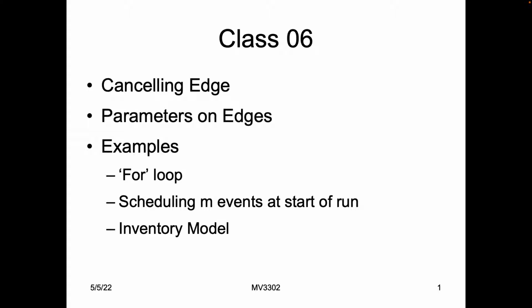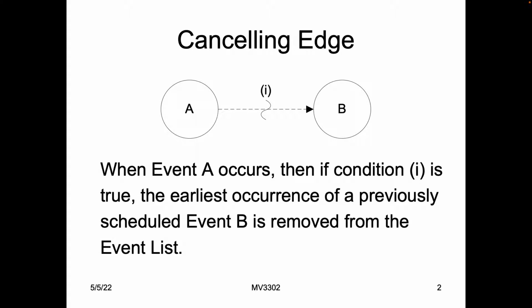But there are situations where you say, well, I want some additional events that the modeler has defined, and I want them to be on the event list at time 0. And how do I do that? Well, one way is to use the event graph equivalent of a for loop. We'll see what that's about. And then another application of having parameters on the edges is this simple inventory model that we'll talk about.